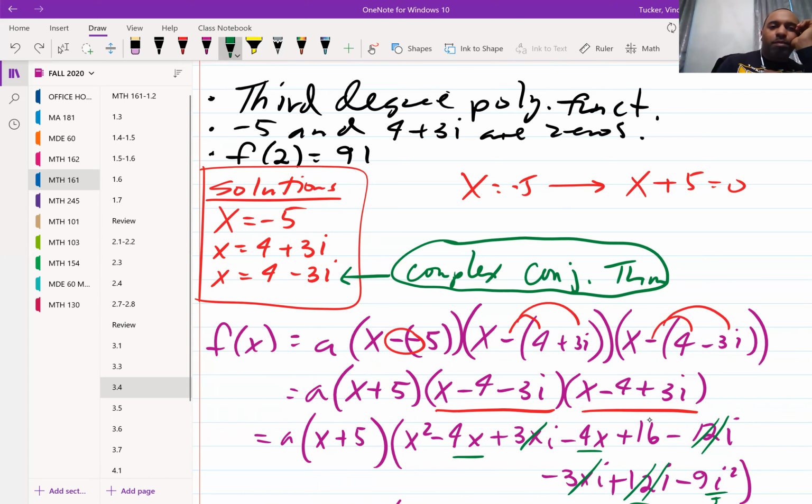Then from there, it will be best that you multiply these two together because you have the imaginaries that you need to cancel out some terms. They're going to cancel out because they're multiplying conjugates. So you take that x, distribute it to each term, take the -4, do the same, and take the -3i and distribute as well.